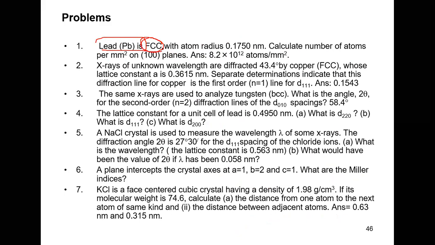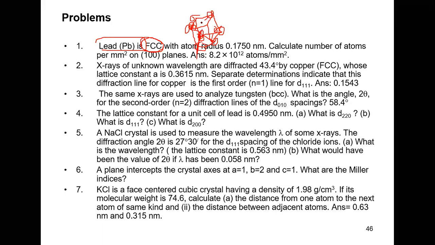Crystalline nature of lead is FCC. So I may ask you to draw a typical unit cell. For FCC, atoms will be located at the corners, and there will also be another atom at the center of all faces.